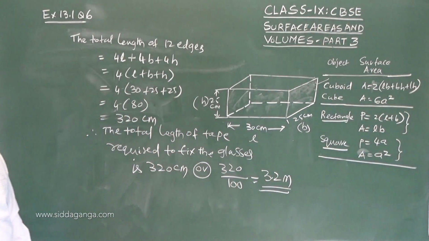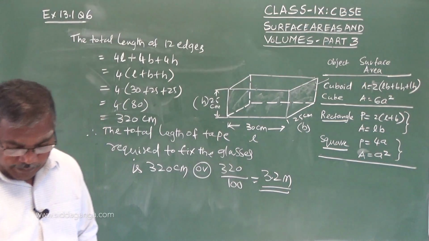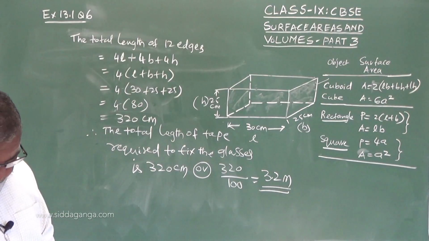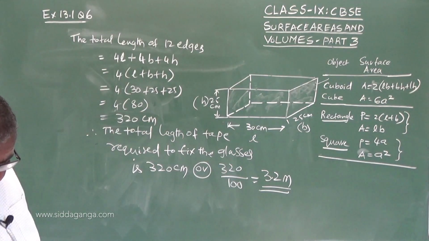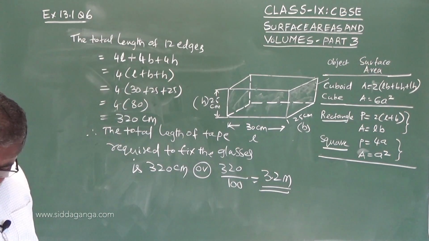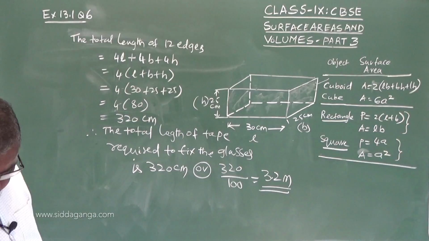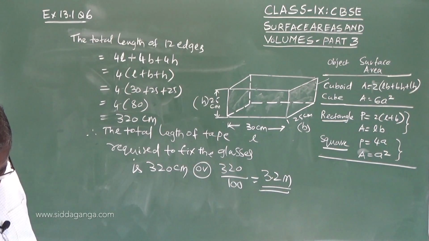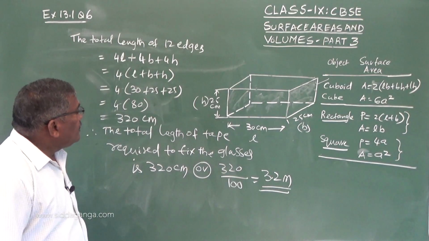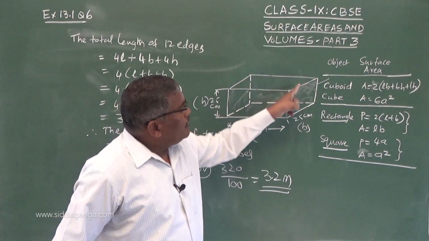So 1 meter is equal to 100 centimeter. You can put it this way. So 320 centimeter tape is required to paste all these edges.